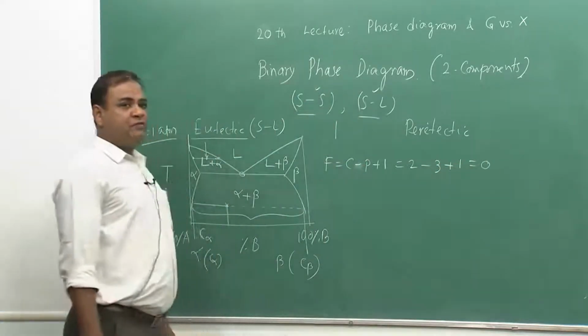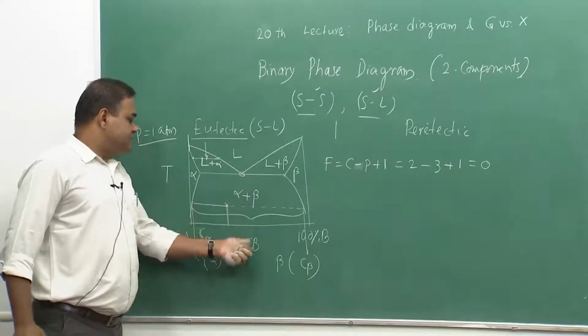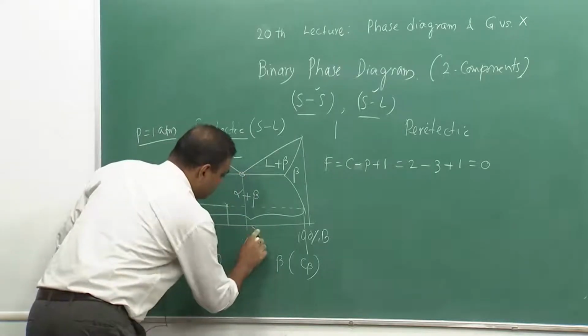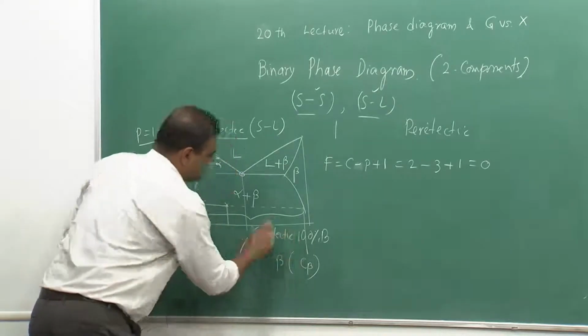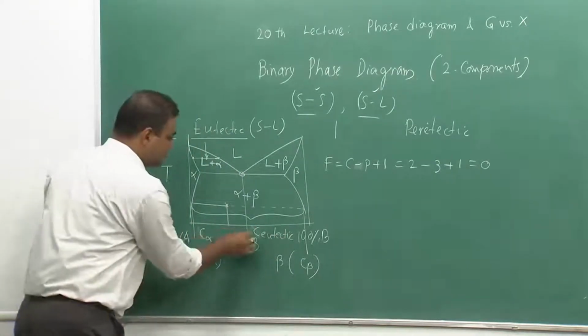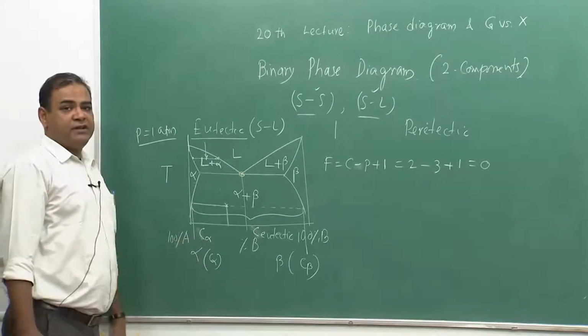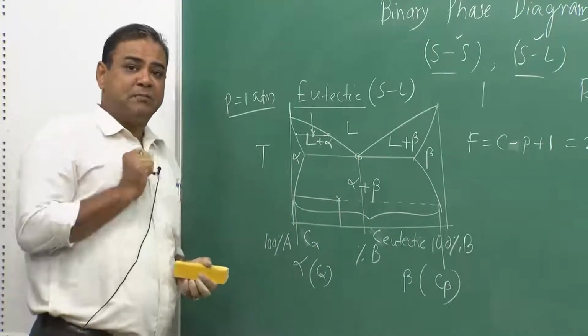So, this becomes an invariant point. So, we have to fix both temperature and composition. The composition is this, which we call C eutectic, the composition of the eutectic. And interestingly, at this point it would have a fixed composition and it would have a fixed melting point.